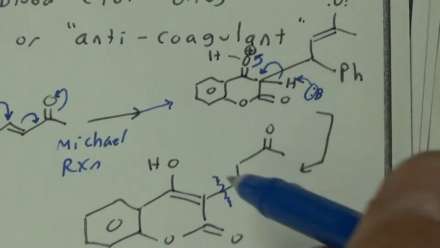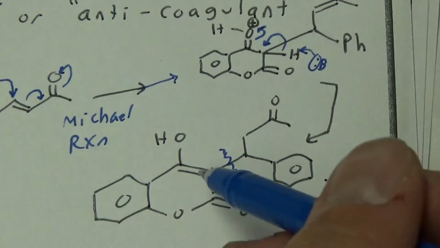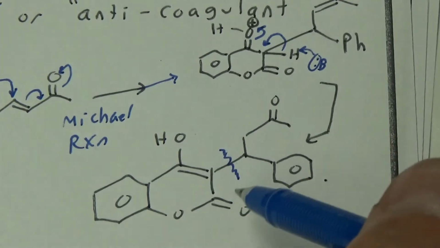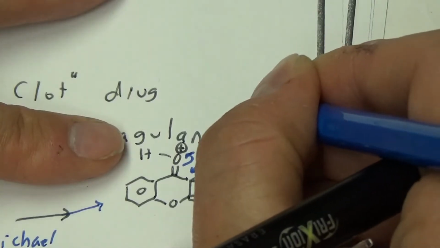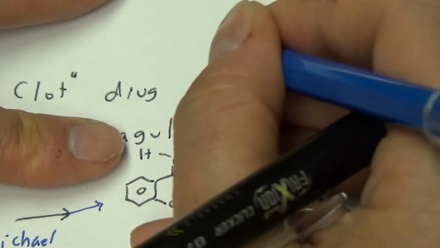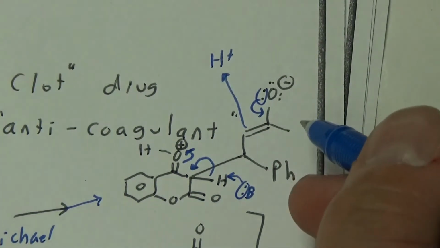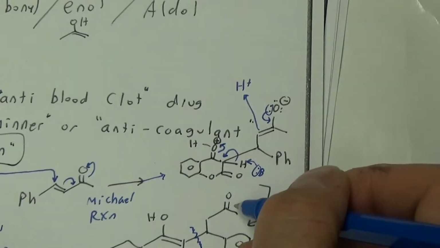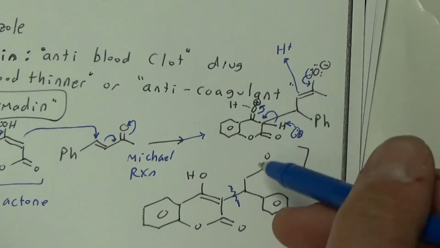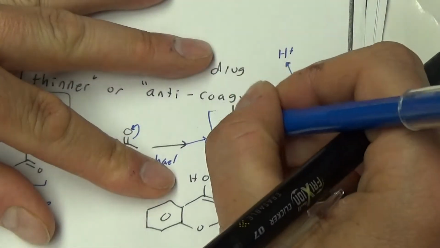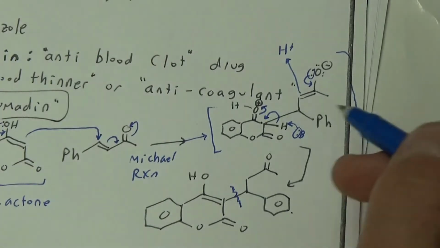The reason it does that is because this double bond and this double bond are happy when they're in conjugation, like next door. And then the other thing that happens is really easy. This oxygen swings down, and then this just grabs a proton from solution, water, something. So that reforms the ketone right there. Those are just little extra things that happen from this intermediate, and sometimes they put brackets around the intermediate too.